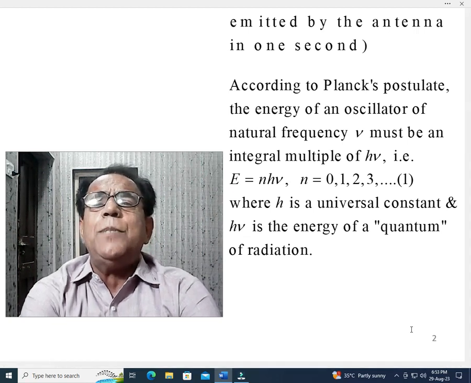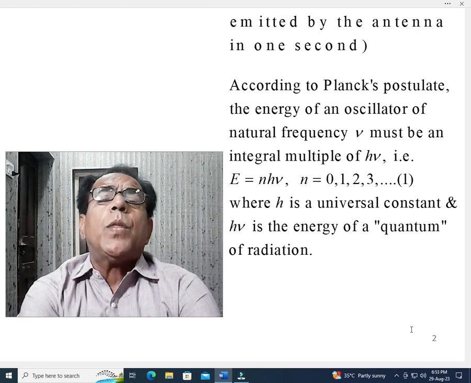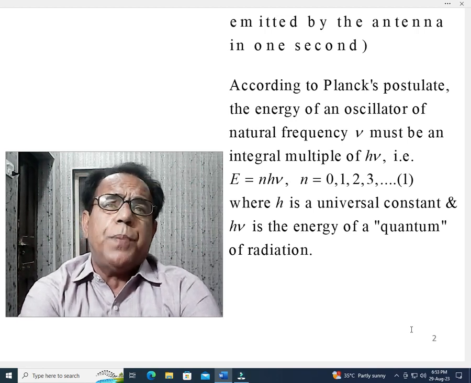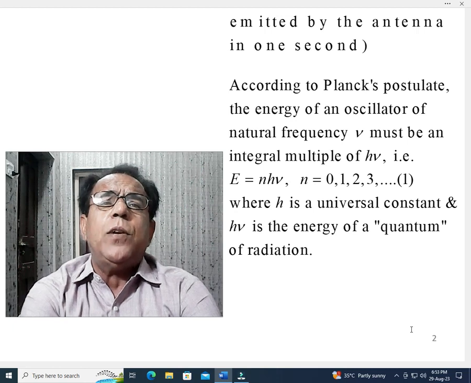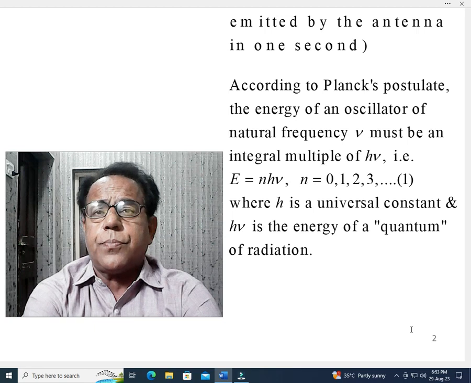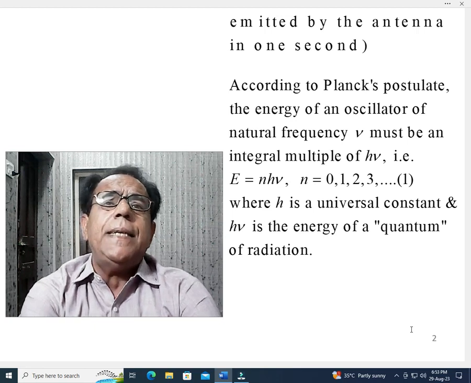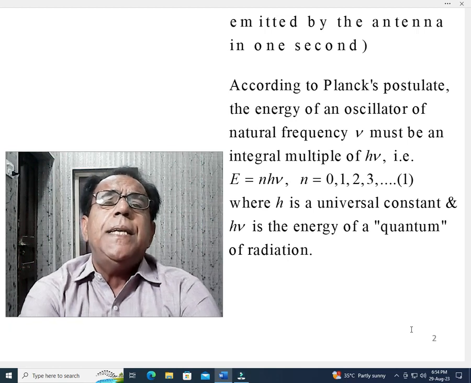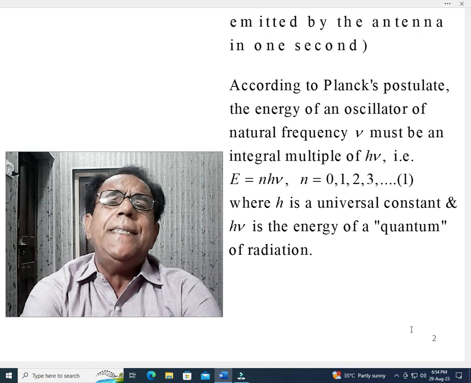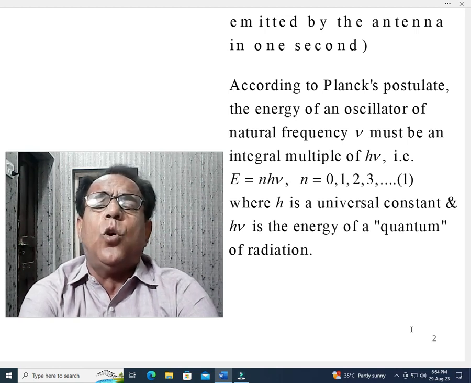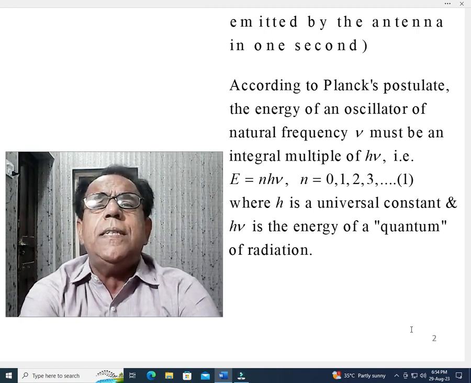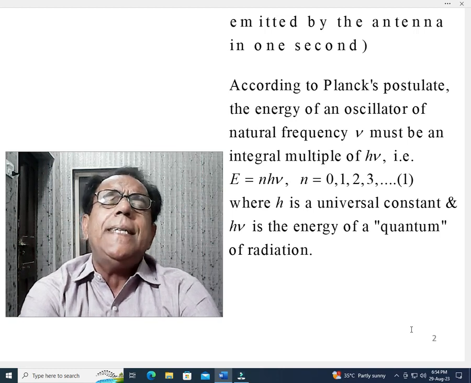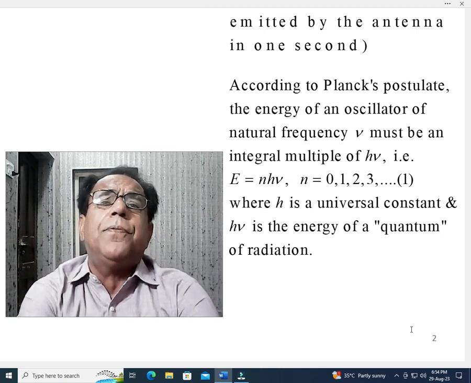What is h? h is Planck's constant. That is, E equal to n h nu, where n is equal to 0, 1, 2, 3 and so on. We designate this equation as equation number 1.